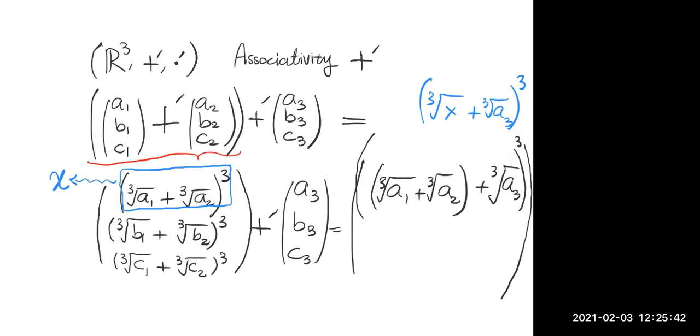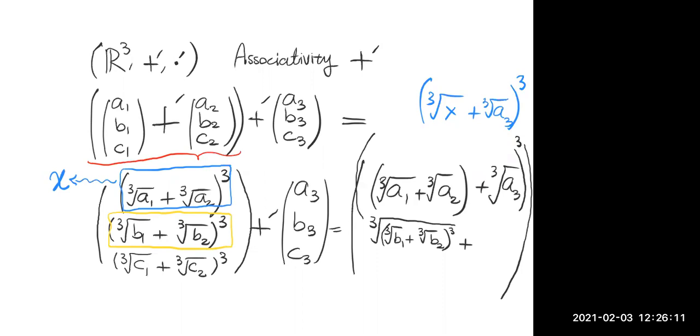Same thing holds for the second component. It would be whatever I have here, the third root of that. So I should write the third root of whatever I have in the yellow rectangle, which is the third root of B1 plus the third root of B2 cubed.